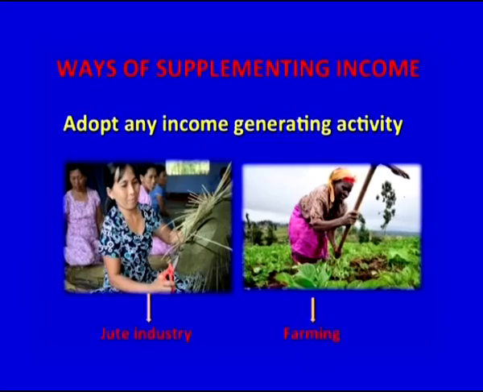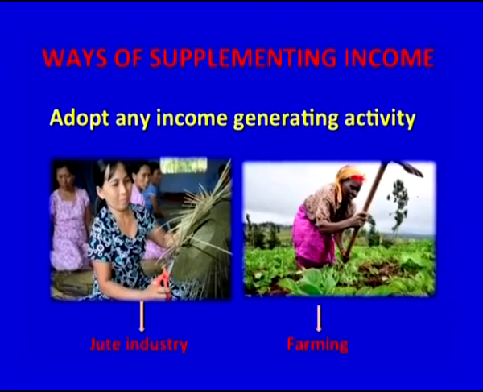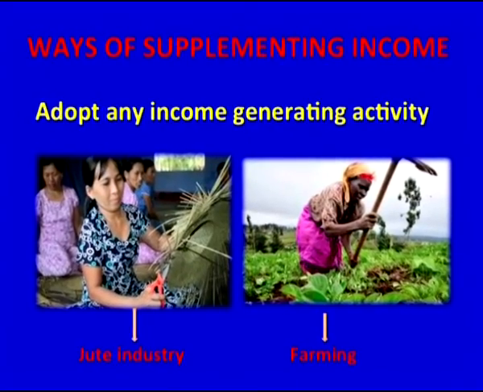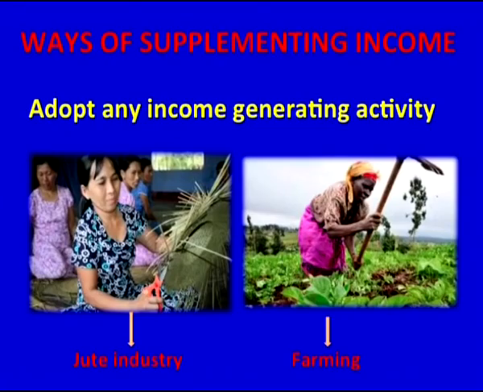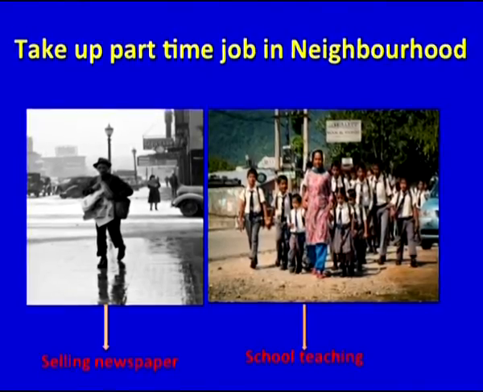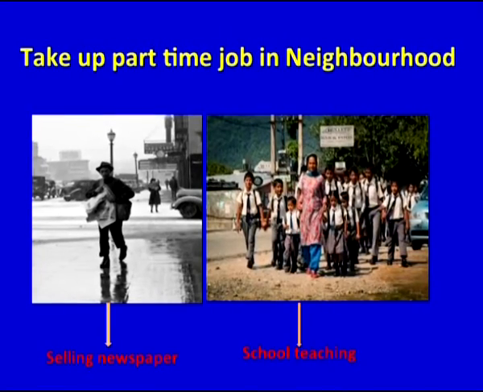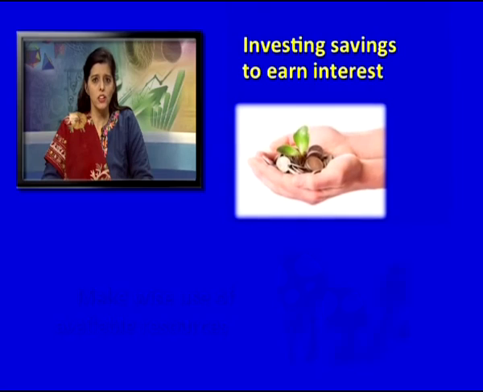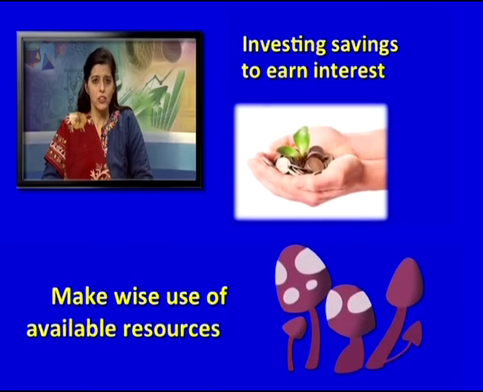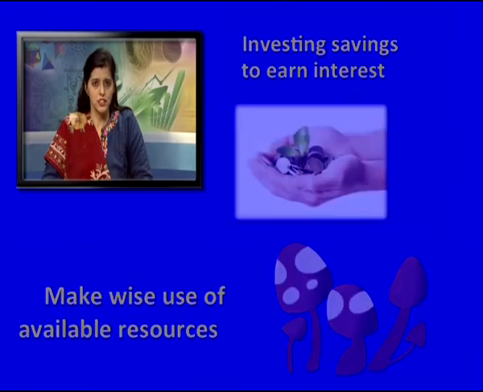Different ways of supplementing income. One can adopt any income generating activity, like working in a jute industry or farming, or take a part-time job in the neighborhood like selling newspapers or teaching in a school. Investing savings to earn interest. Make wise use of available resources.